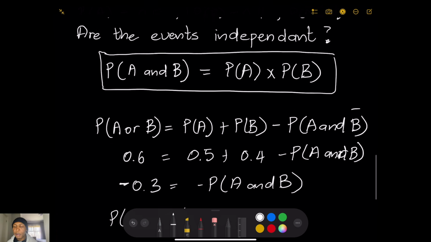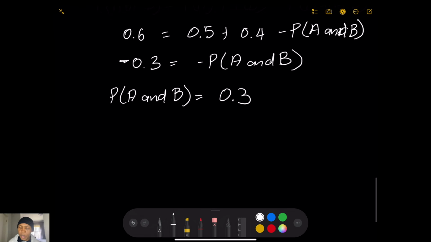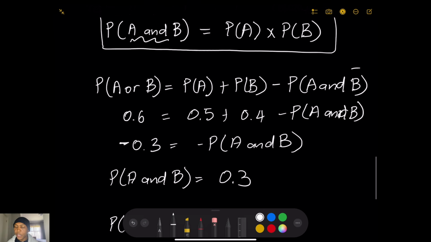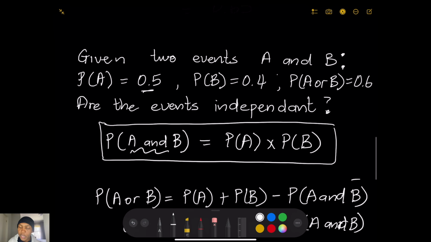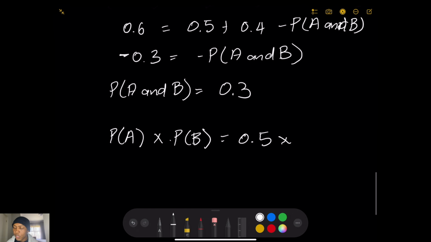Now that we've got the probability of A and B, let's find the probability of A multiplied by the probability of B. The probability of A is 0.5, remember we're given that value, and the probability of B is 0.4. So 0.5 multiplied by 0.4 gives us 0.2.